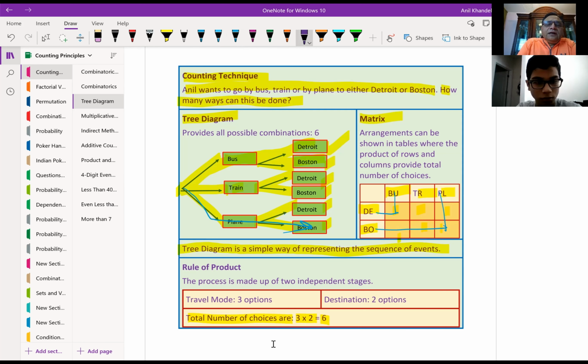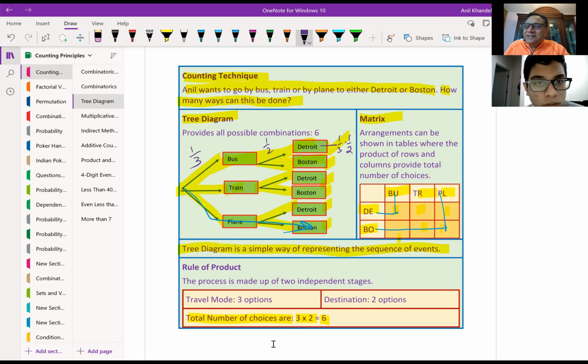In that case, because there are 3 options, we have probability by going by bus as 1/3, correct? Let us assume that the probability of picking up Detroit or Boston is also 50-50, so that could be half. Now, going by bus to Detroit, the probability will get multiplied, and that is 1/3 times 1/2, which is 1/6, correct? So, out of 6 options, one favorable going to Detroit by bus.